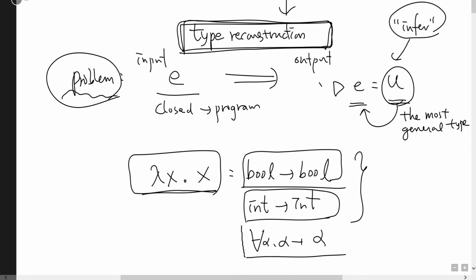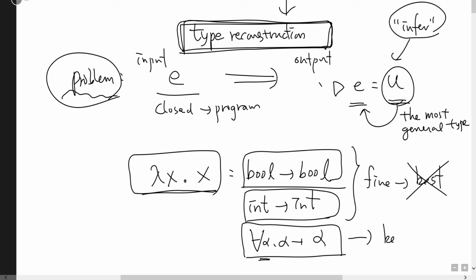So intuitively, this is more general than the previous two types because by instantiating this type variable alpha, this can be specialized to any of these two types. So to summarize, although these two types are fine, they are not actually the best.